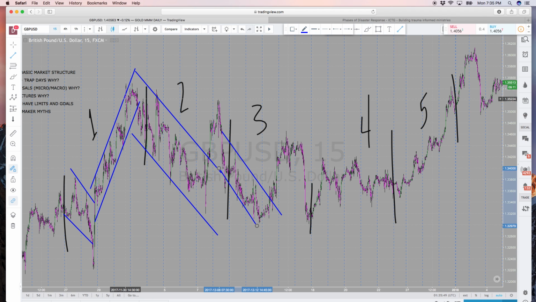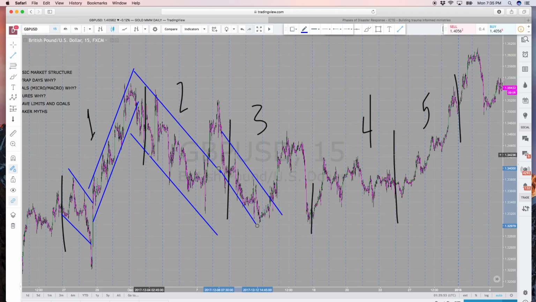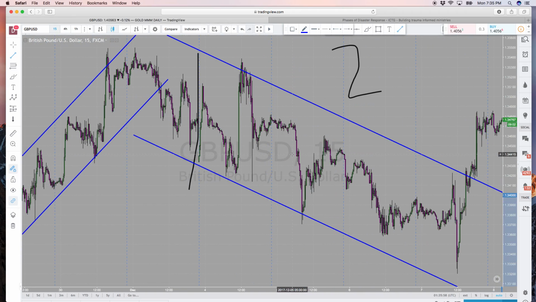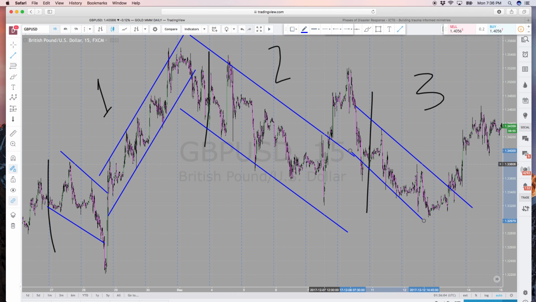Now we have to take into consideration that we're on the 15-minute chart. Now, there are people on the 1-minute chart, there's people on the 5-minute chart, there's people on every single chart, right?